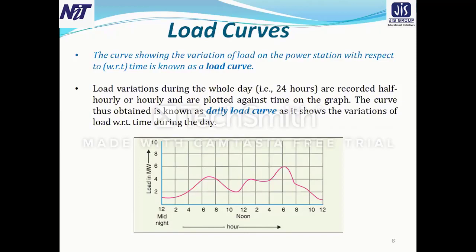If we divide 24 hours and the load is in megawatts, you can find at midnight, as per the figure given here, the minimum load at night 12, and then it will increase in the morning 6 to 8, and then again decrease, and in this way the maximum demand at the evening time.